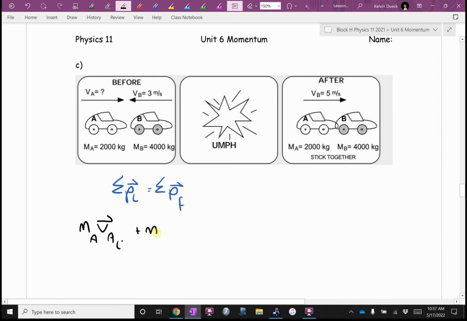And the momentum of car B is mass of car B, velocity of car B initial. You could put a little negative there just so you don't miss it, because it's going to be negative.